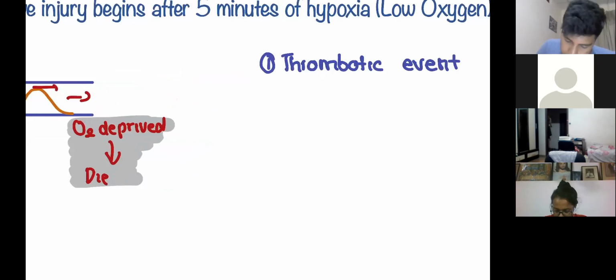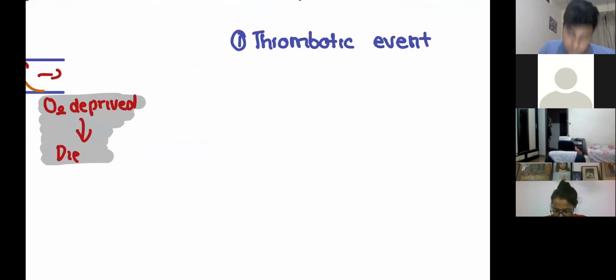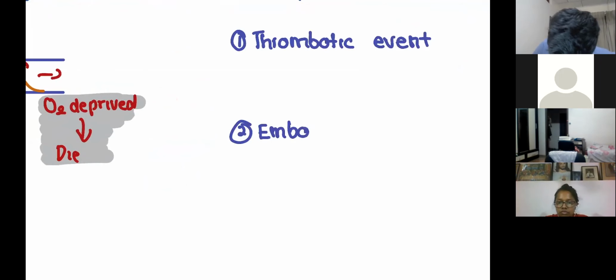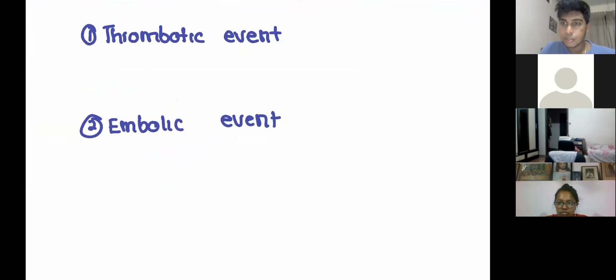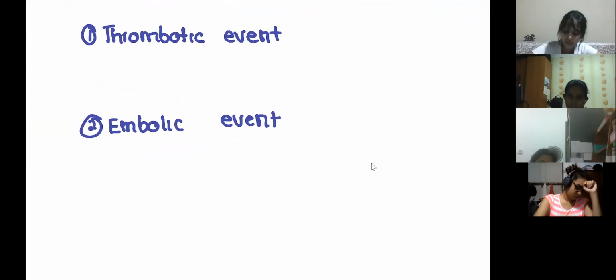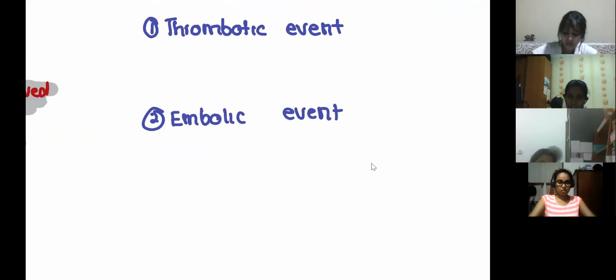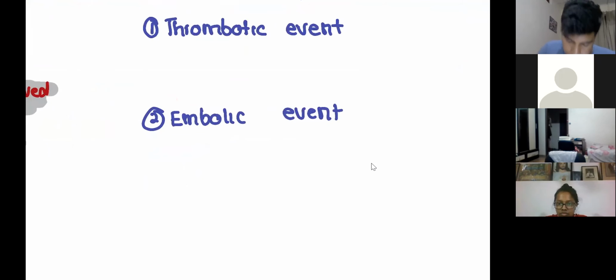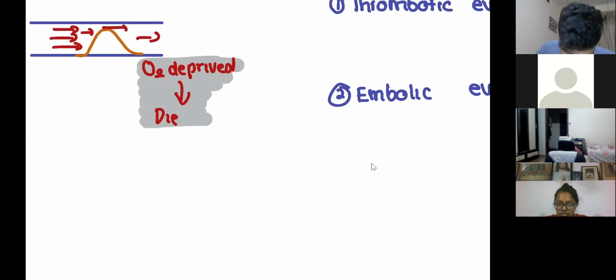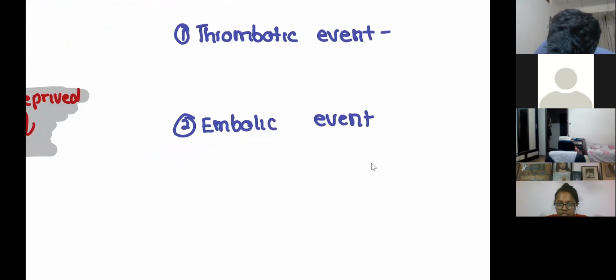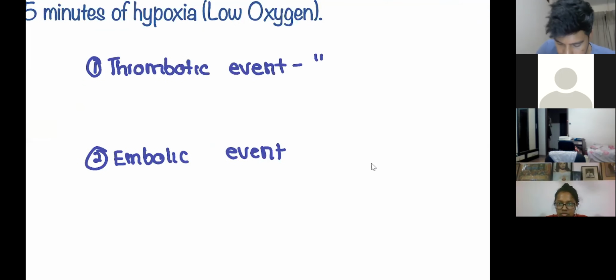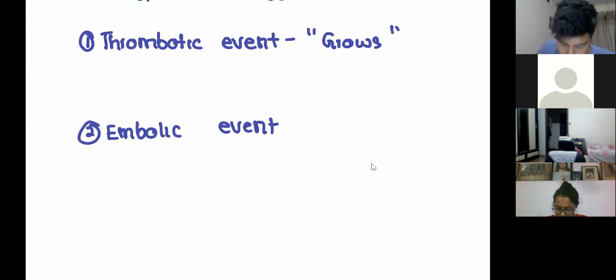Can someone tell me what is a thrombus and what is an embolus? The other one is an embolic event. When a thrombus breaks apart and starts moving, then it's an embolus. Exactly. A clot that just stays there is a thrombus, something that grows, I'll explain that.